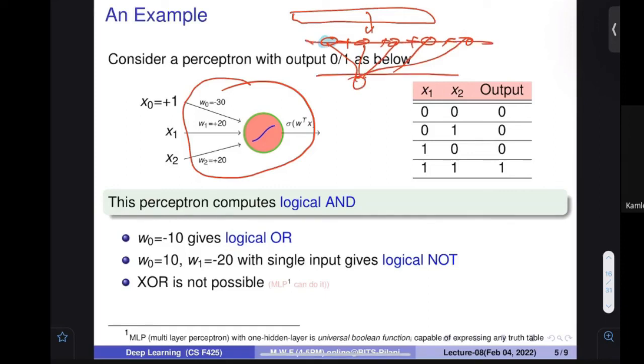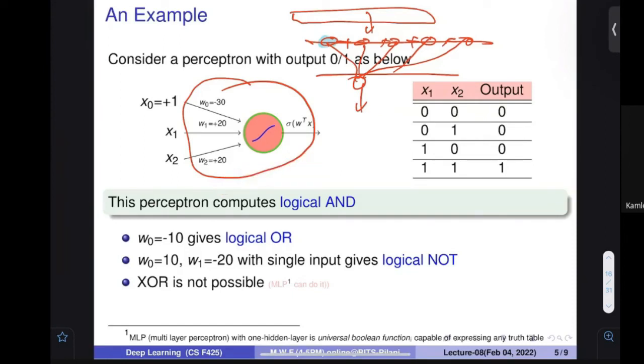In one layer you create the product terms, and in another layer you combine them with an OR and get the output. So using this kind of arrangement, you can create any Boolean circuit out of this perceptron. So the perceptron is very powerful in that sense.